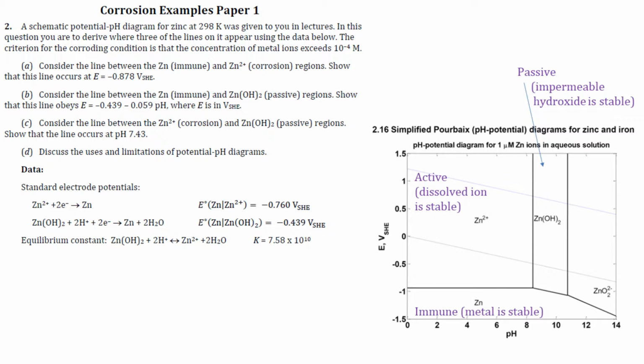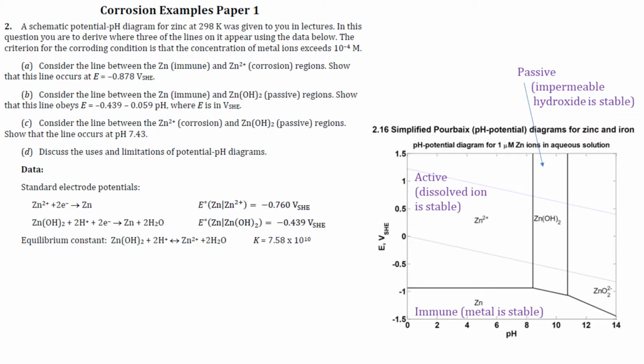In the notes, reproduced on the right-hand side of this slide, the diagram is for 1 micromolar. So the diagram from the notes here has a slightly bigger region for zinc ion stability where active corrosion is predicted to take place, because it is easier for the zinc to dissolve into more dilute solutions of its ions.